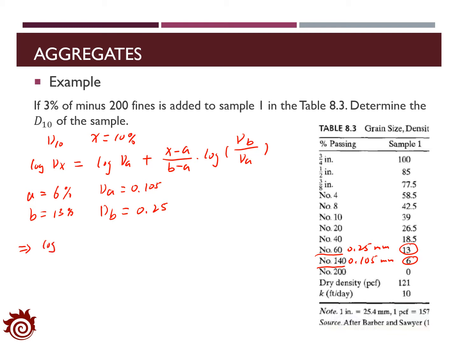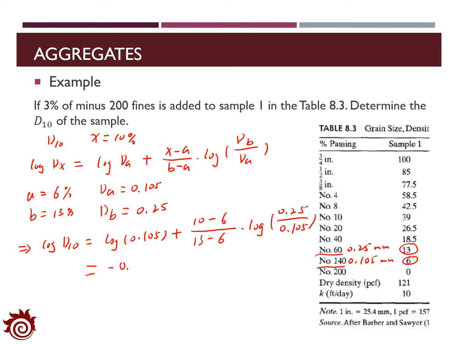That is log D10 equal to log 0.105 plus (10 minus 6) over 13 minus 6 times log (0.25 over 0.105), which gives the value as minus 0.907.